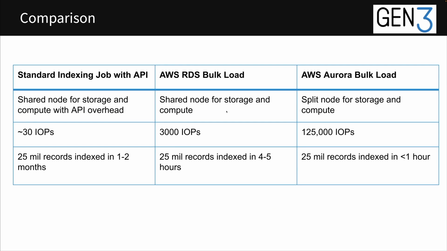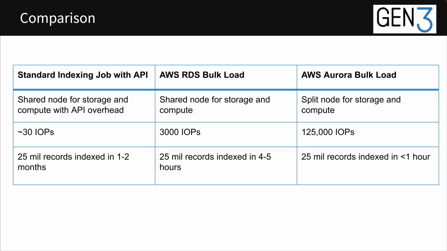So just to point out some comparisons, standard indexing job uses RDS, so shared node for storage and compute with API overhead, versus no API overhead in RDS bulk load, versus split node for storage and compute with Aurora with no API overhead again.